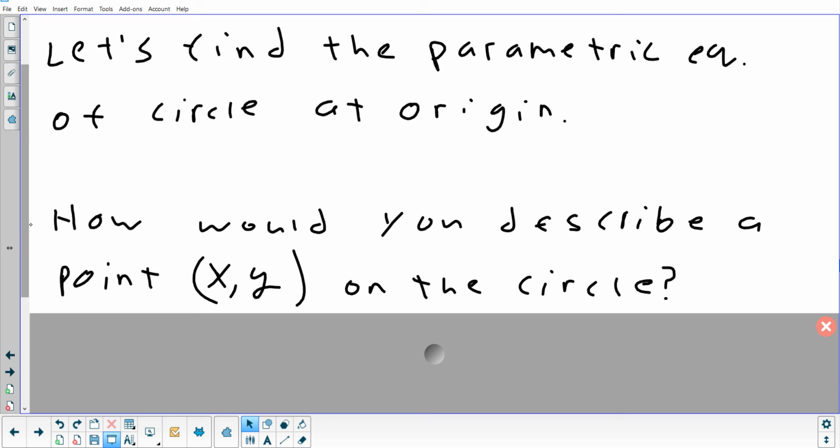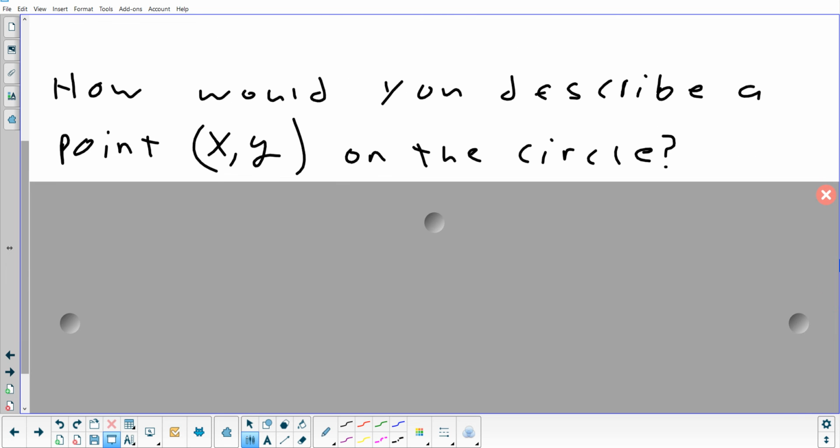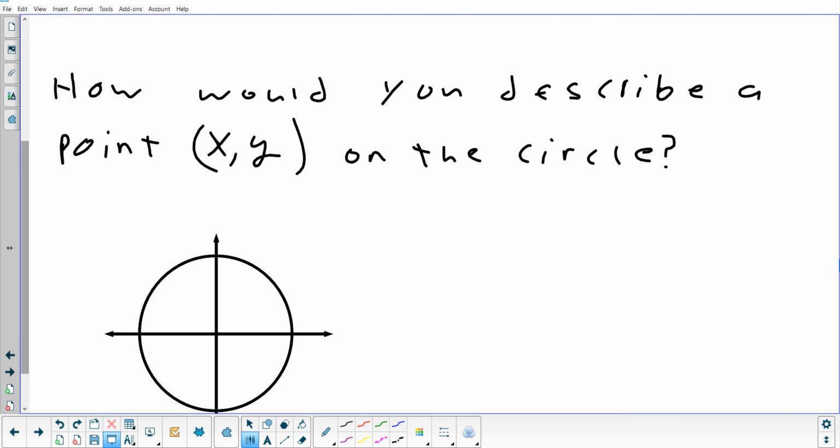Just think of a single point on the circle. Like this. This point, we have an x value and a y value. So what we want to do is figure out a pair of parametric equations to represent that point. In other words, give me a formula for the x value, and then give me a separate formula for the y value. And that's parametric.